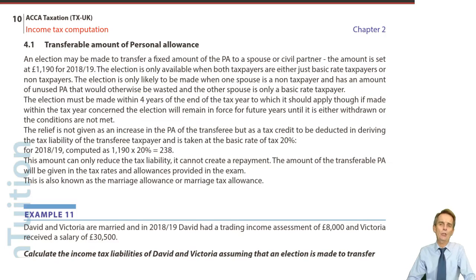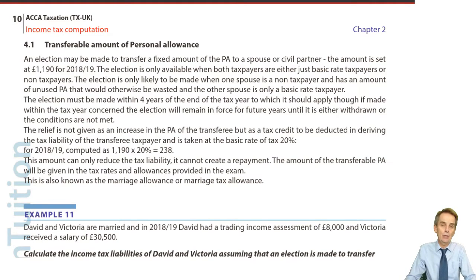So what we have as a situation is, if we're dealing with spouses or civil partners, again, basically in terms of personal tax, wherever we talk about spouses, we talk about civil partners as well. It's one and the same in terms of taxation implications. But if you have one spouse who has, say, income of £6,000 and another spouse with income of £30,000, then clearly the one spouse with £6,000 is wasting a significant amount of their personal allowance and it's not benefiting the other spouse.